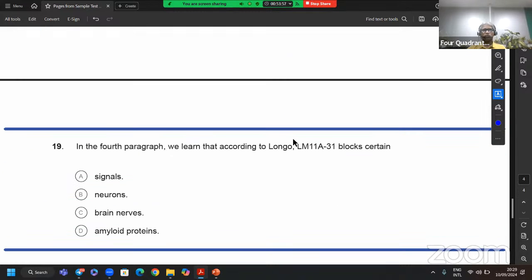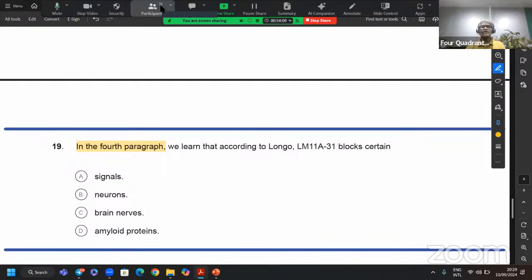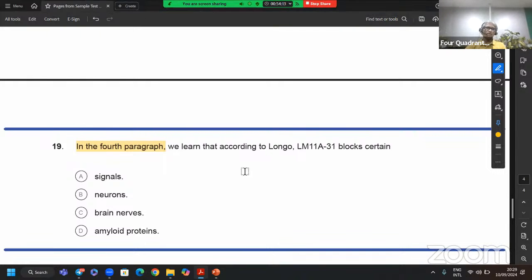Right. Next, in the fourth paragraph. This is like, before going into the kitchen, sit at the dining table and chop your vegetables, keep everything ready. Then afterwards you go there so that you can cook very easily. So in the fourth paragraph, we learn that according to Longo, LM11A31.